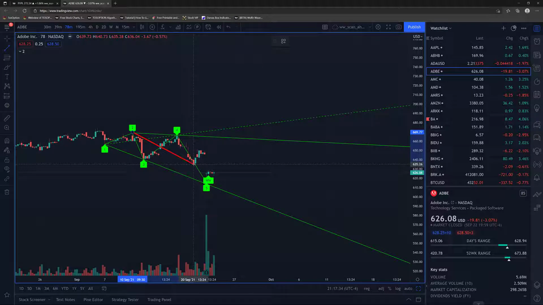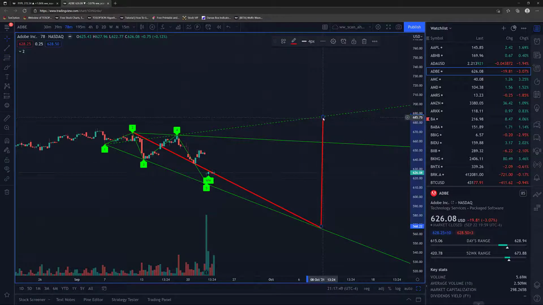So maybe right through there, and that would create your apex. That apex would provide you the time and price where Adobe should reach. So it's saying that on October 8th Adobe should be trading at 686.